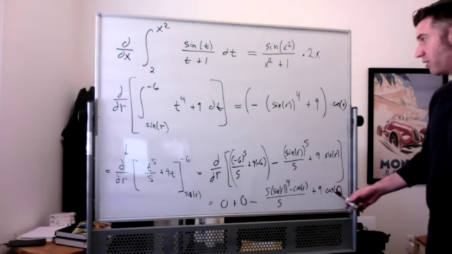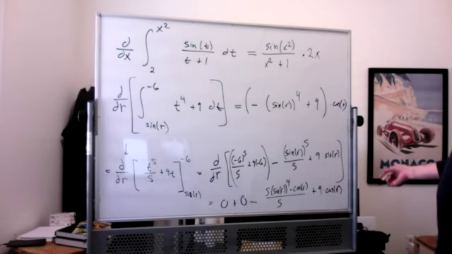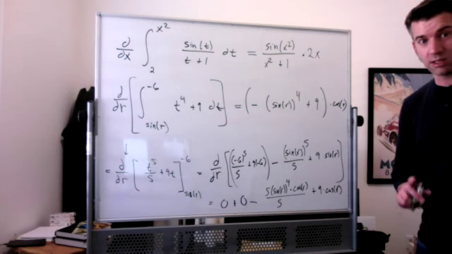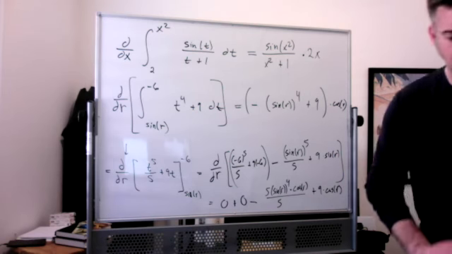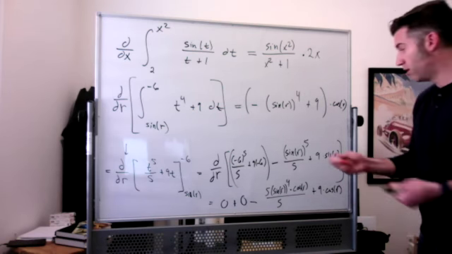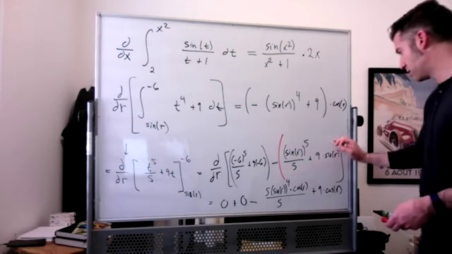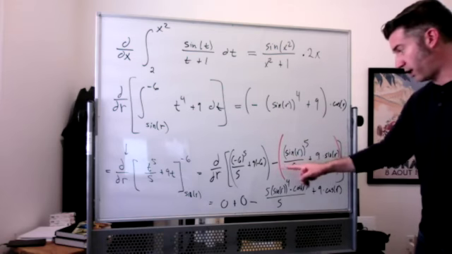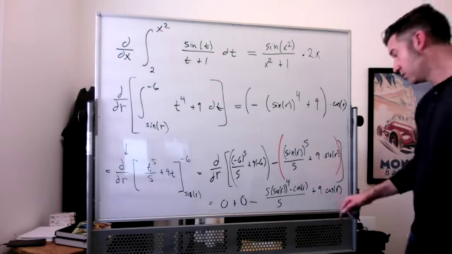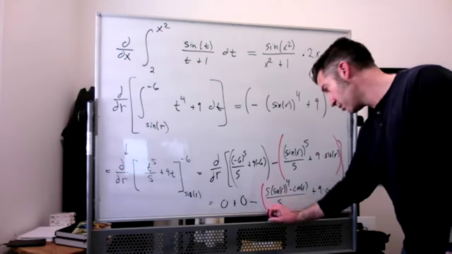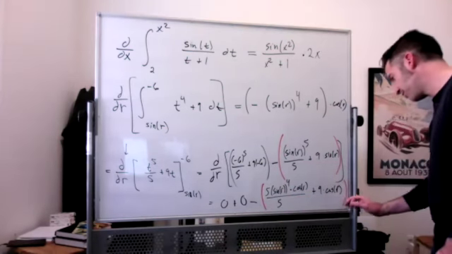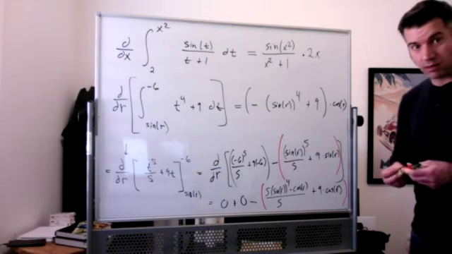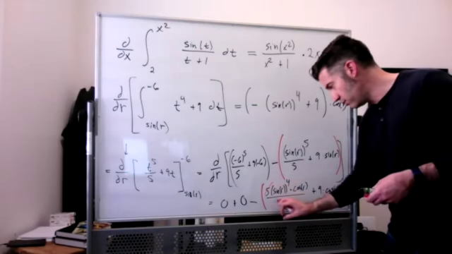But look, I made a small mistake. It's not a huge mistake, but it is a small mistake. I should have had parentheses around all of this so that I'm subtracting both of these. So I really should have parentheses around all of that. And now look, the 5's cancel.